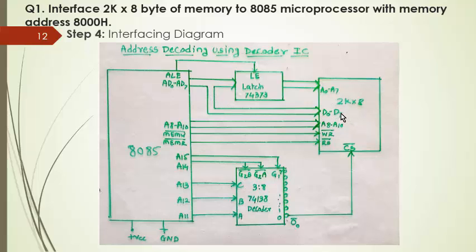For the demultiplexing logic, the AD0 to AD7 data bus you have to connect to the latch as input, and the latch enable LE you have to connect to ALE. From the latch you will get separate address lines A0 to A7, and the separate data bus D0 to D7.